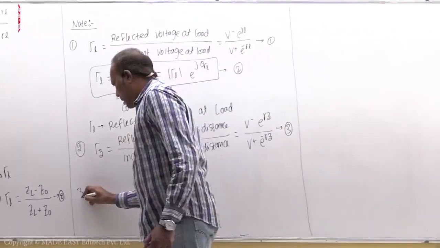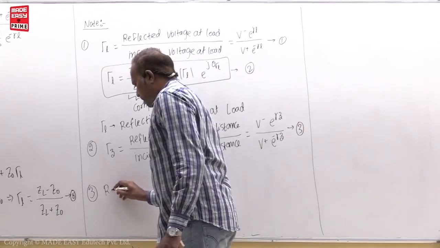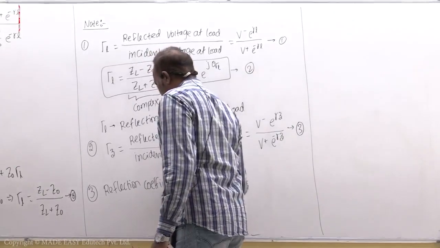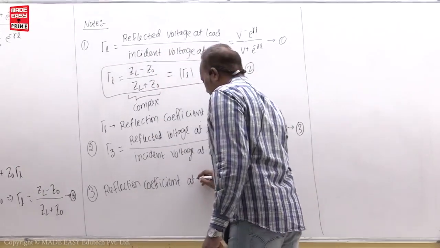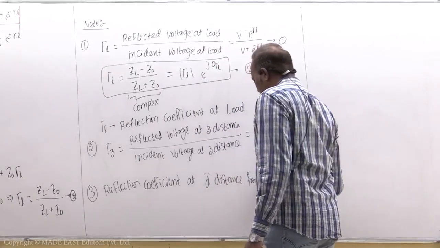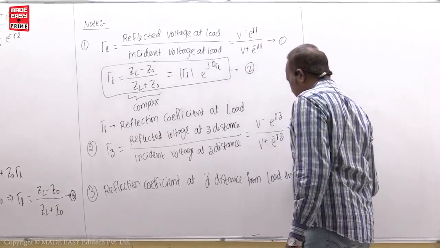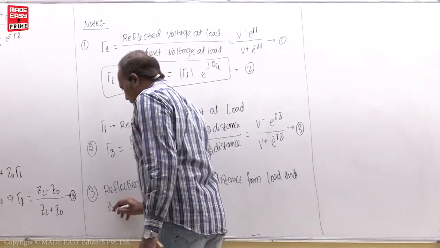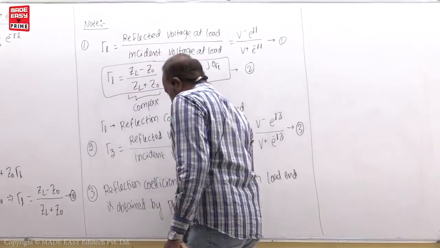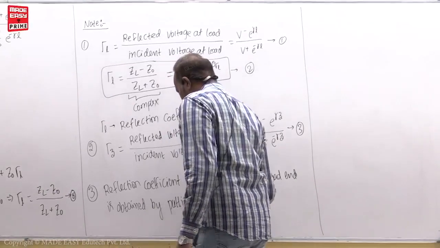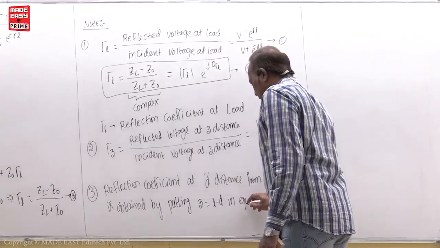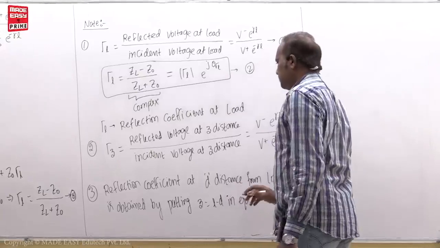I will write the statement: the reflection coefficient at d distance from the load end is obtained by putting Z is equal to L minus d in equation 3.